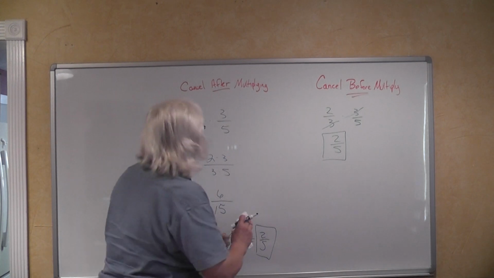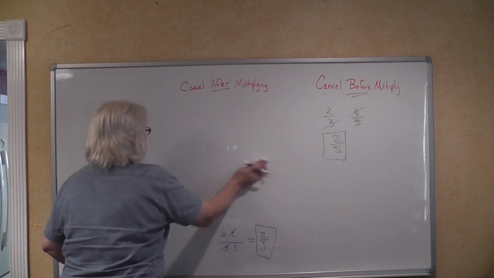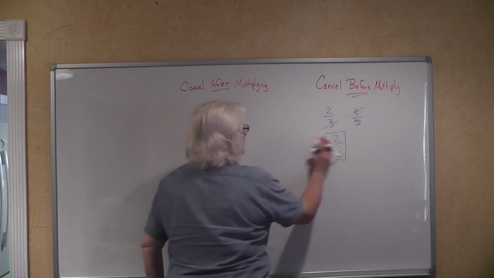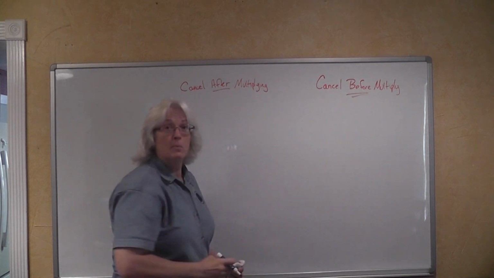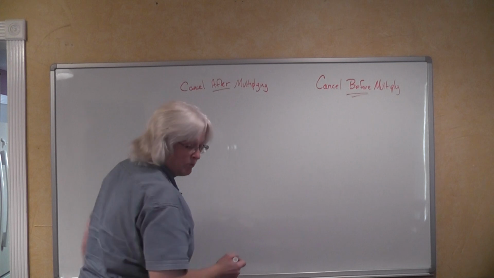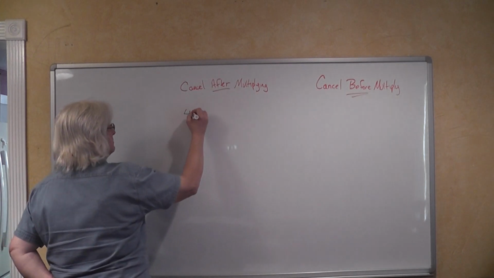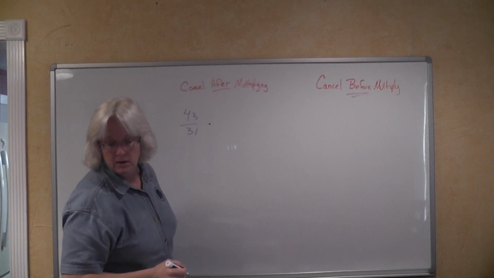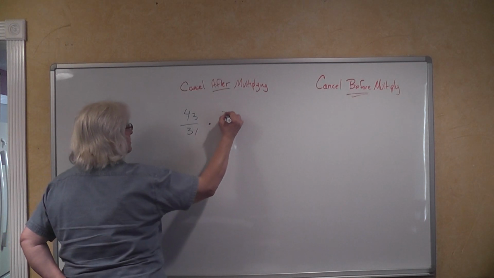But let me illustrate something for you. We're going to cancel after multiplying and before multiplying again and see what we end up with. I have 43 over 31 times 31 over 74.